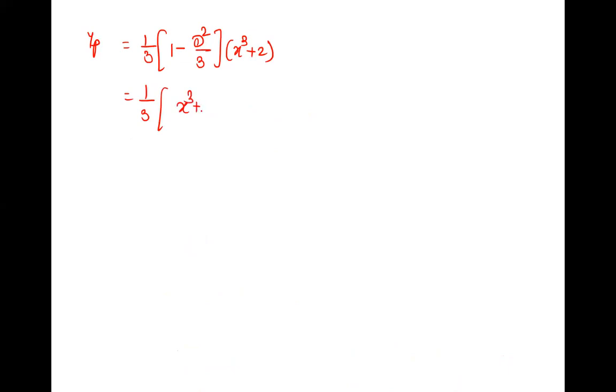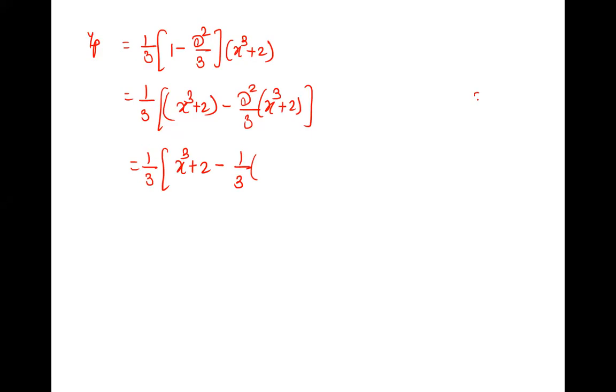So x cube plus 2 minus d square by 3 into this x cube plus 2. So it is 1 by 3 times x cube plus 2 minus 1 by 3 times the double derivative of this term. What is the first derivative? 3x square. And what will be the second derivative? 6x. So we are writing the double derivative of this, that is 6x.